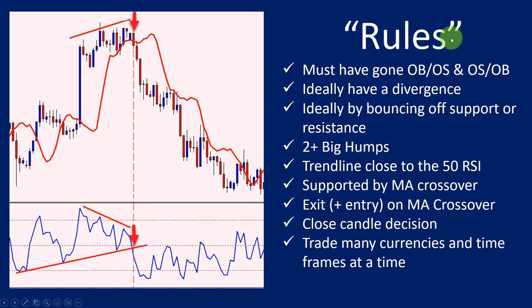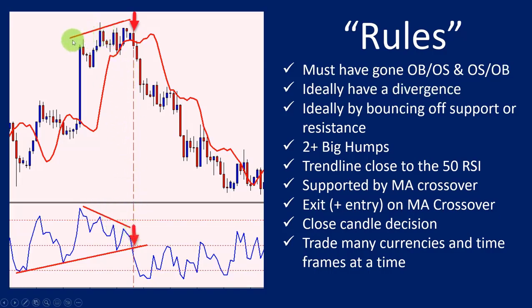So rule number one, and I just call them rules in brackets because not all of these need to be met 100%. Once you've traded this system a while, you can sort of cheat in certain areas. But it must have gone overbought and oversold, or oversold and overbought, recently. Ideally, there should be a divergence that accompanies the signal.